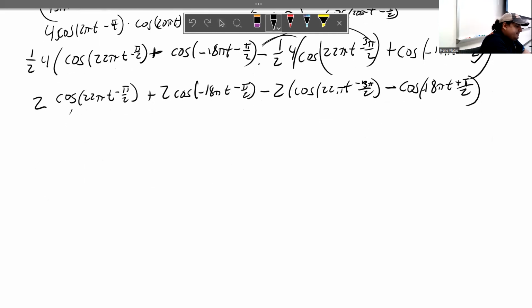This one becomes e to the j (22 pi t minus pi/2) plus e to the negative j (22 pi t minus pi/2). However, there's a parentheses there. That's just the first one.